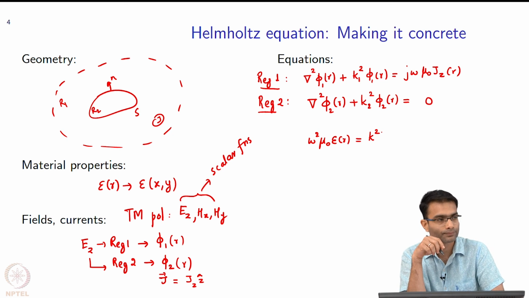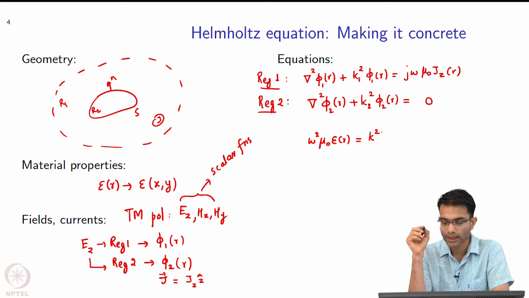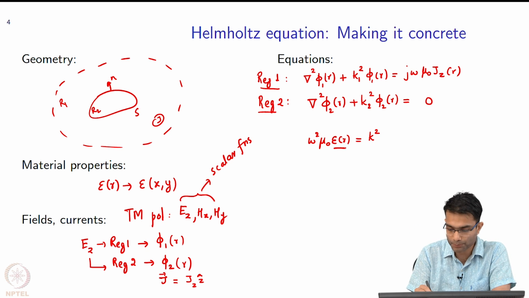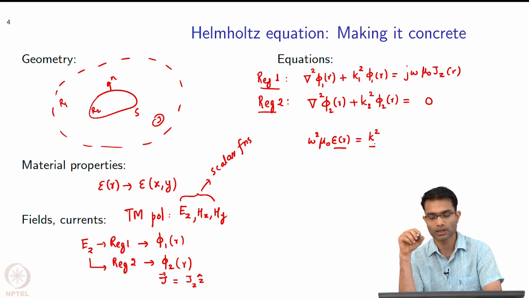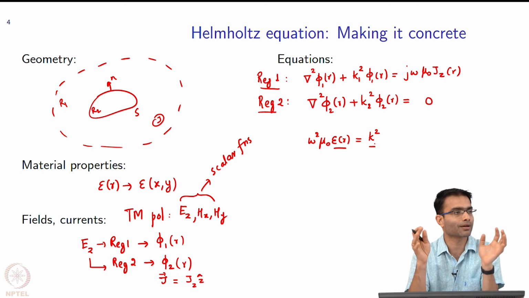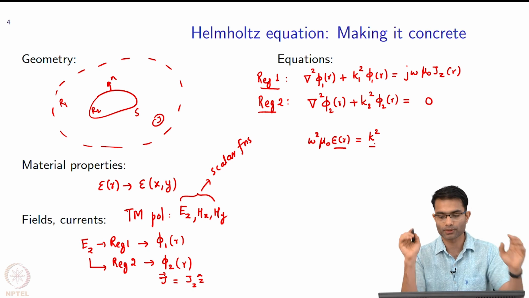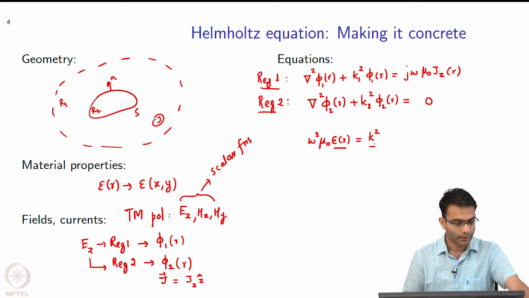Okay. K may or may not be a function of space, but if epsilon is a function of space, then k will also be a function of space. Okay. I am trying to reduce all the extra variables and condense them into one variable, so that it is easy to see. Alright, so these are the two equations that we have got.